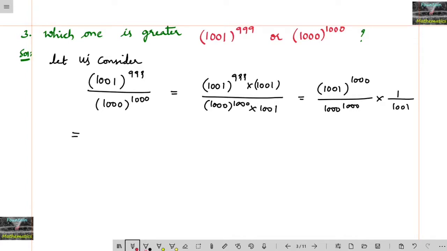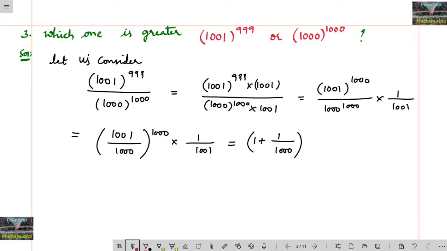This can be written as 1001 upon 1000 whole to the power of 1000 into 1 upon 1001, right? And the inside of the bracket, 1001 upon 1000, can be rewritten as 1 plus 1 by 1000, whole to the power of 1000, into 1 upon 1001, right?